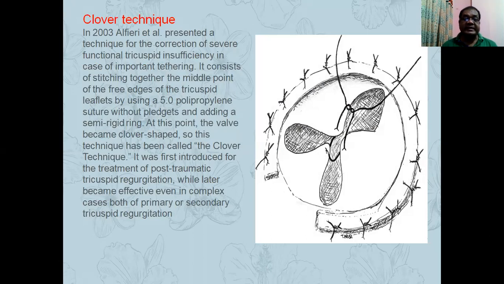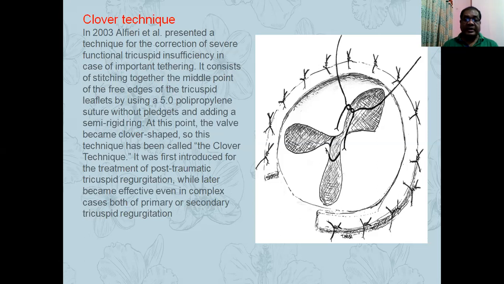In 2003, Alfieri et al. presented another technique for the correction of severe functional tricuspid insufficiency. In case of important tethering, it consists of stitching together the middle point of the free edges of the tricuspid leaflets by using a 5-0 polypropylene suture without pledgets and adding a semi-rigid ring.